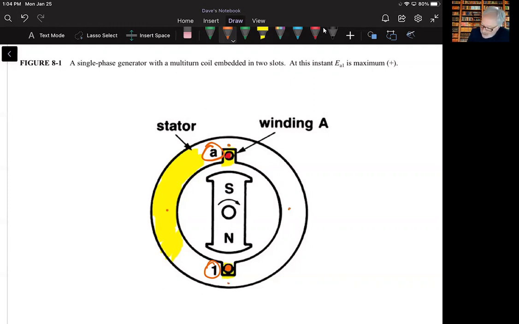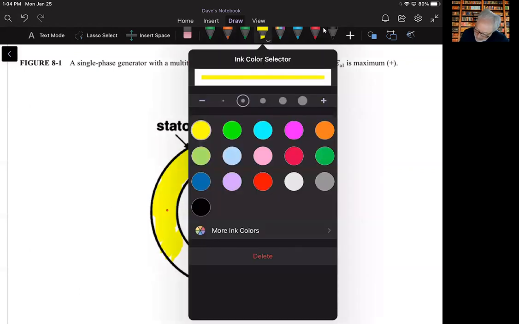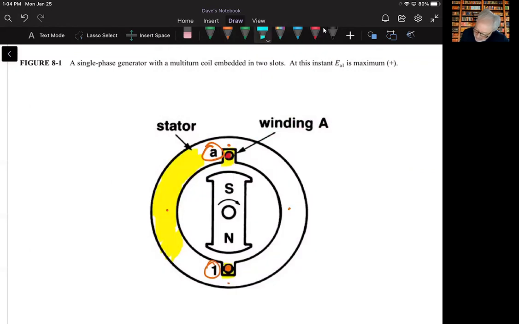In addition to that, what we have is a magnet, and this magnet is able to rotate freely, and we've got some way to cause that magnet to turn within that stator.